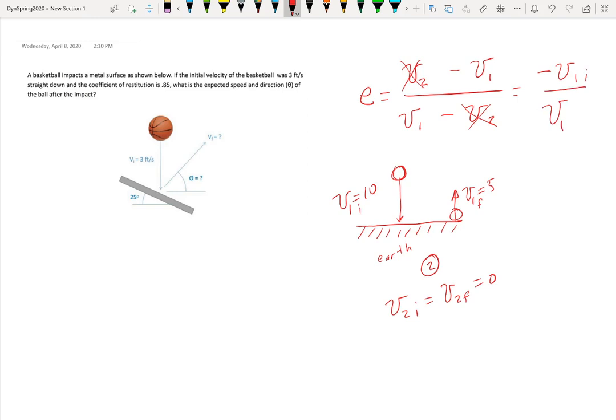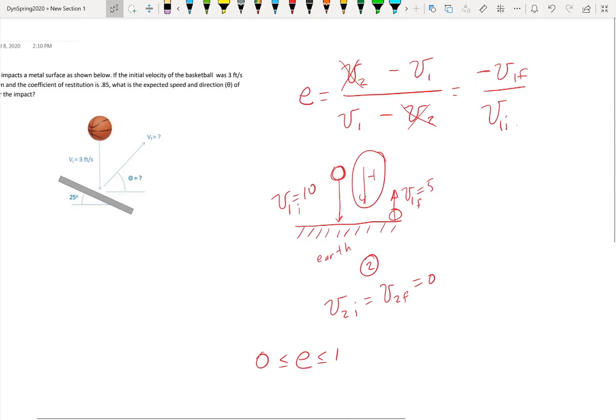One has to be initial and the other one has to be final. Which one? First of all, coefficient of restitution exists between 0 and 1, a positive number. So let's call this positive as far as the velocity is concerned. That means this needs to be the initial and this needs to be the final.